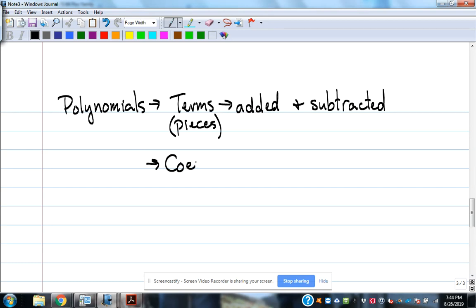Coefficients. Those are the numbers in front of variables.